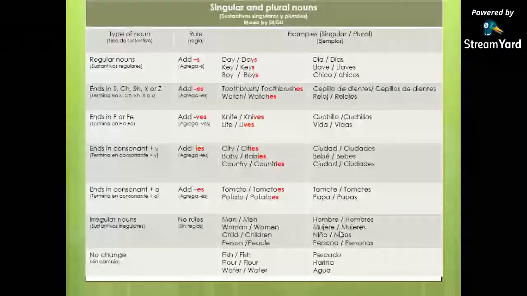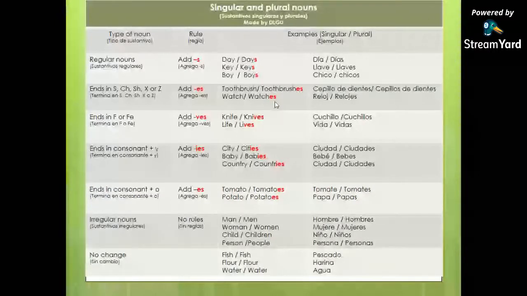For most nouns, that we call regular nouns, we just add an S at the end. For example, for day, we use days. For boy, boys. But if the noun ends in S, CH, SH, X, or Z, we need to add ES. For example, toothbrush, toothbrushes; watch, watches.